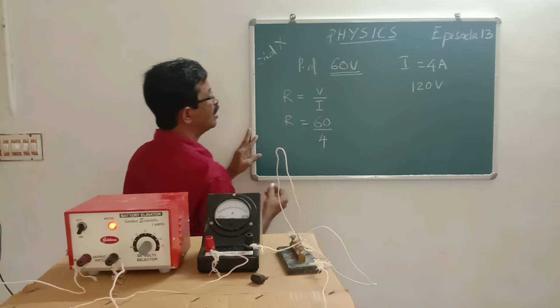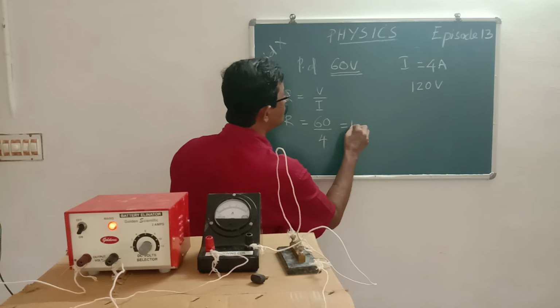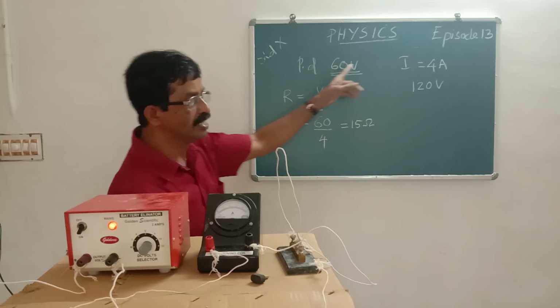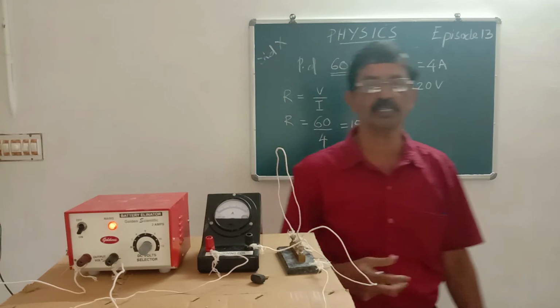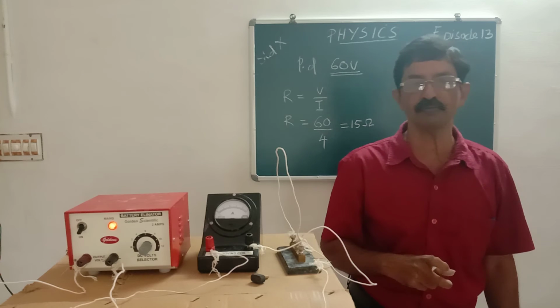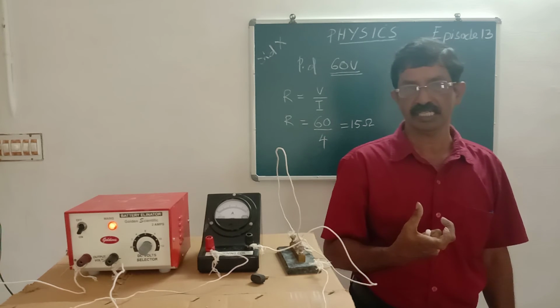So 60 by 4 is equal to 15 ohm. See, this is the resistance of that device.